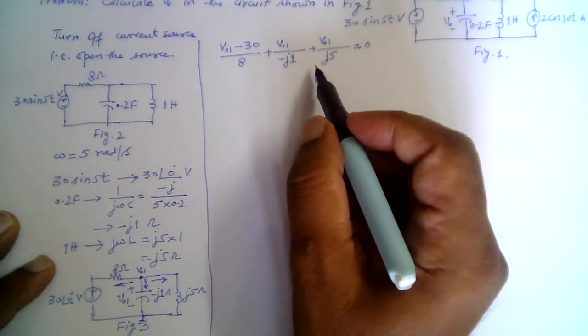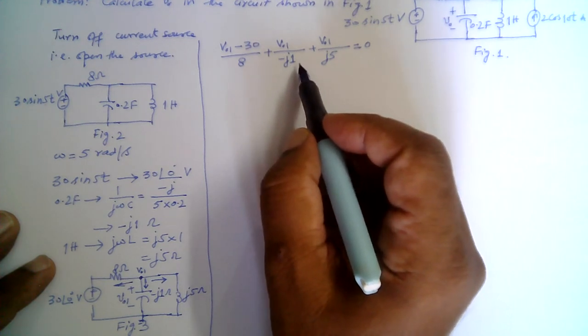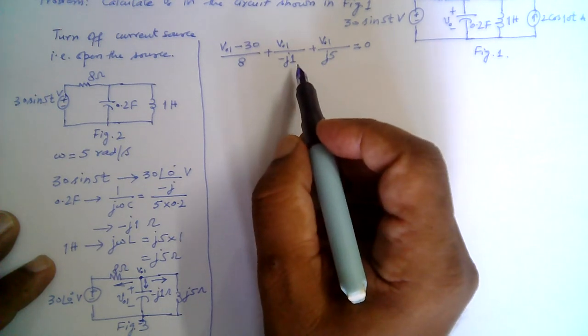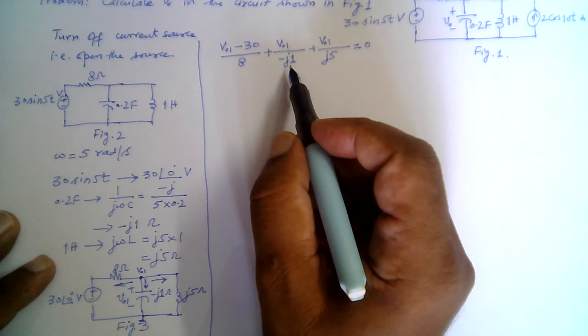So let's take the imaginary part in the denominator to the numerator. Whenever we have a complex number or imaginary number in the denominator, we need to rationalize that term and remove it from the denominator, right?